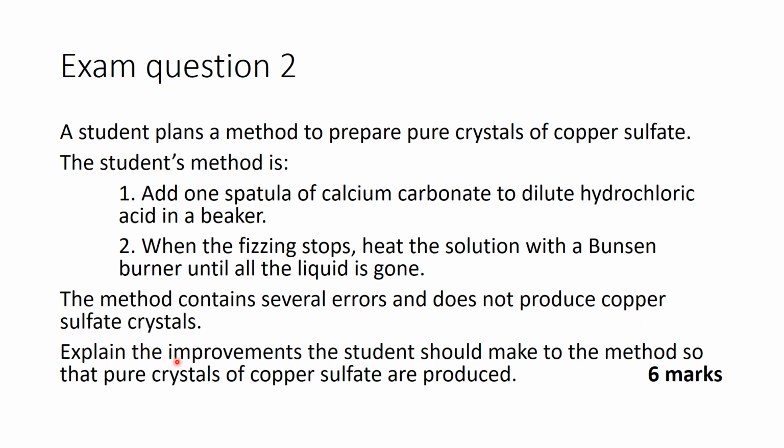So in your answer, you're going to need to say what the student would need to do to get copper sulfate and what the other errors are, to make sure that it's a valid method to produce that copper sulfate. Please pause the video now and have a go at this 6-mark question. Remember, you don't need to write in full sentences. Bullet points will do.